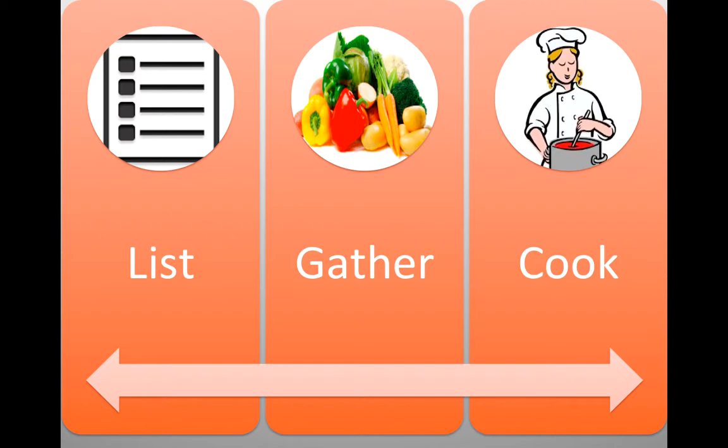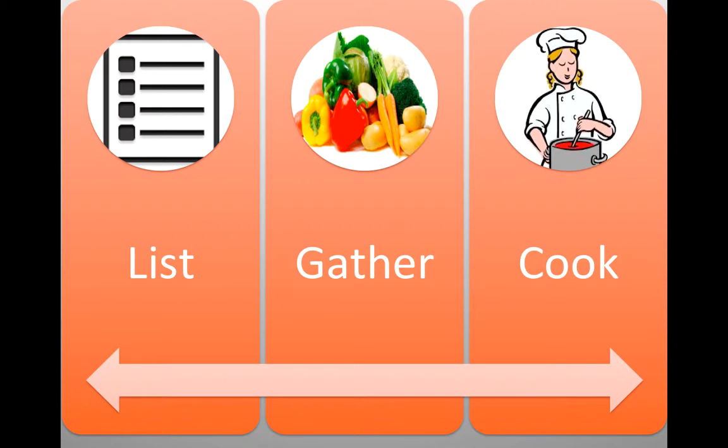So we read informational texts for lots of different purposes and different reasons. And sometimes reading an informational text once is not enough to get what we need. So I think of myself and my own reading. Let's say I've selected a new recipe that I want to cook for my family.